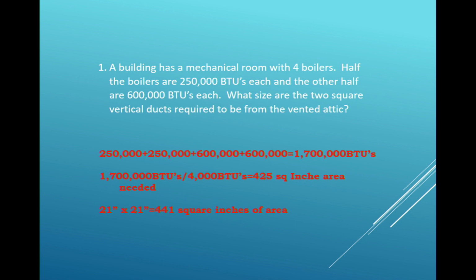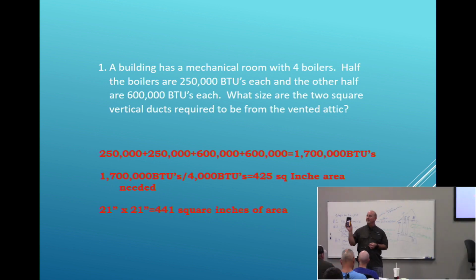Now, 2 things. If you were in the real world, everybody grab your cell phones. I want you to go to your calculator and type in 425 square inches, just 425. Right? Now everybody look at me. If your phone is unlocked and you turn it sideways, that'll give you a scientific calculator.